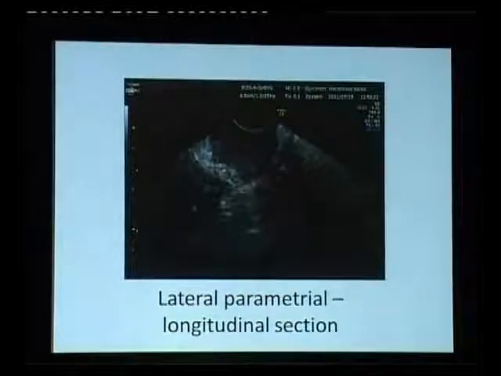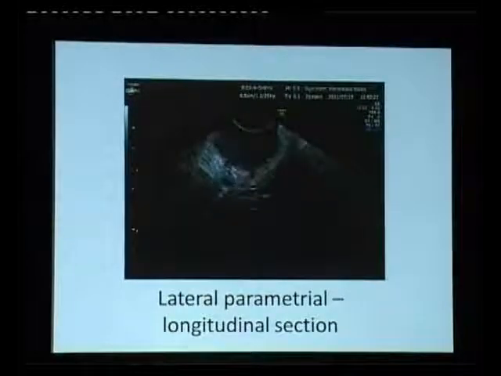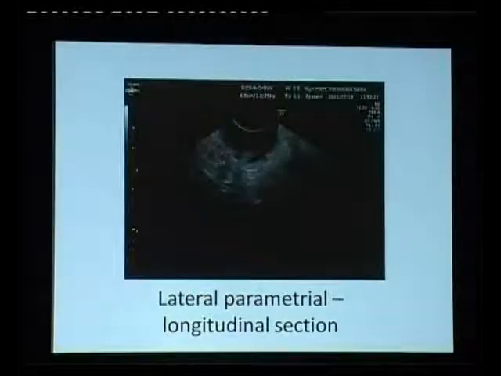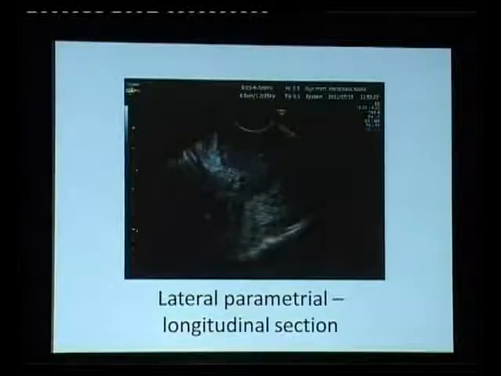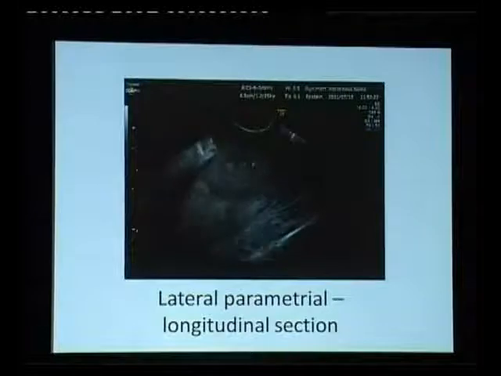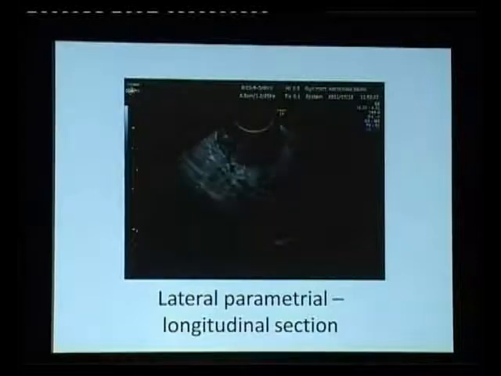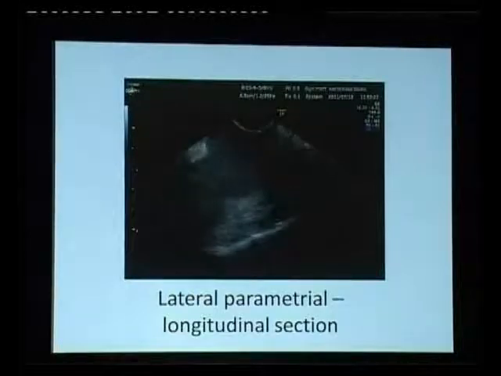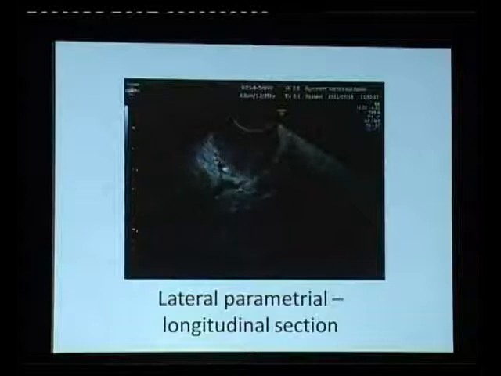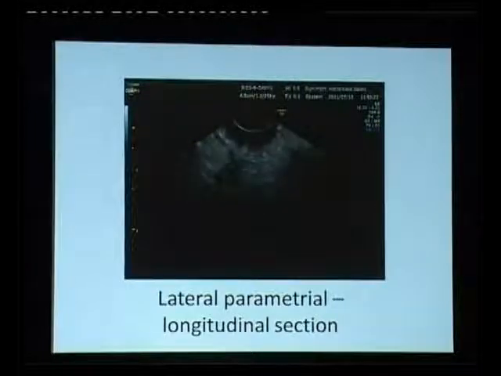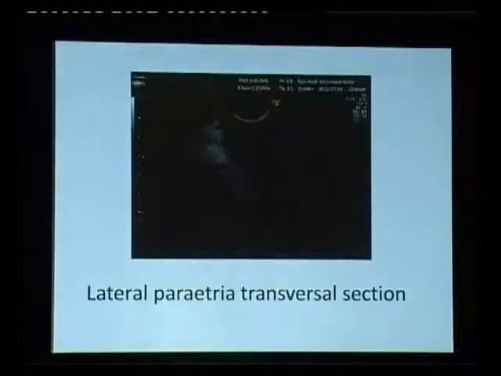We continue in the longitudinal section, but this time we slide all the way out to the parametria. And if you look carefully, you can see when you do this slow sliding that there are some small finger-like extensions. Here you can see it's like a small finger-like extension. It takes some training before you know what to look for.